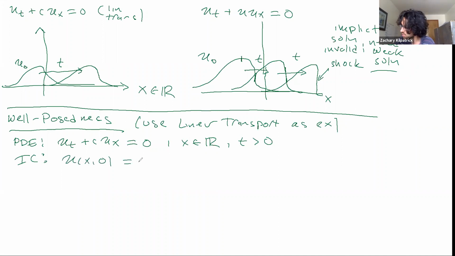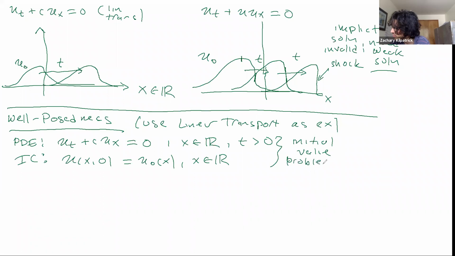This is just going to be u of x equals some unknown function u0 of x, and that needs to be defined on R in order to describe our full range of possible x values, okay? So this is our initial value problem, our IVP.